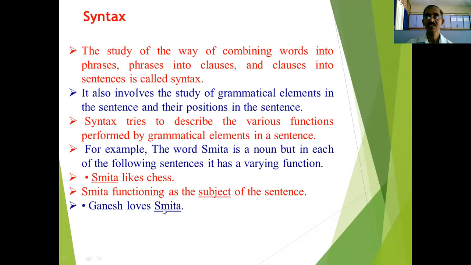Here Smita functions as the object of the sentence. In the first sentence Smita functions as the subject, and in the second sentence as the object.